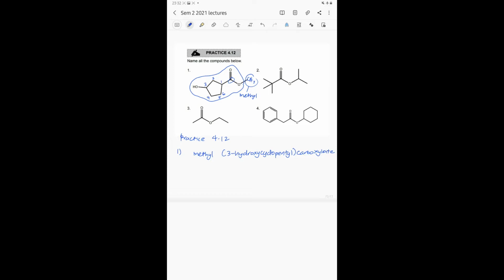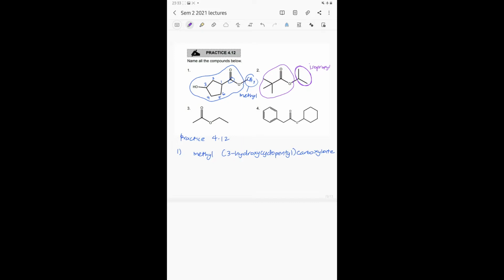Okay, let's look at number 2. After the C double bond O will be the alkyl group. So this one is isopropyl. All of this will be the alkanoate part.